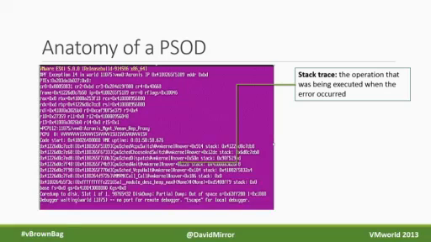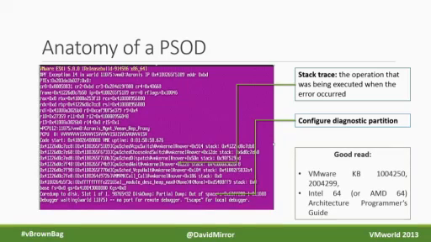After that is the stack trace, which is the actual operation that the VMkernel was running when it triggered the PSOD. Most common operations here are VMkernel modules trying to access PCI devices or trying to release an interrupt on that kind of device using the BIOS as middleman. At this point, it's a best practice to configure a diagnostic partition beforehand with at least 100 megabytes of disk space so the host can core dump safely.